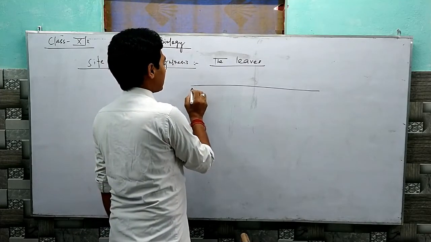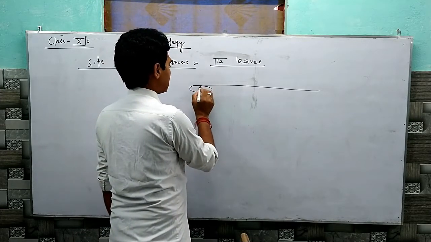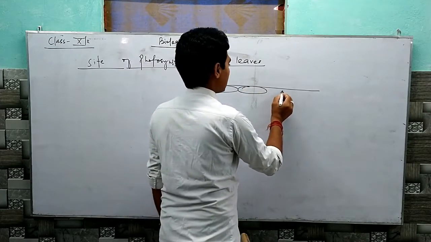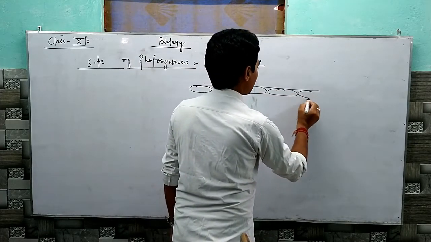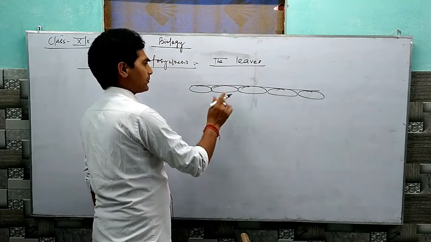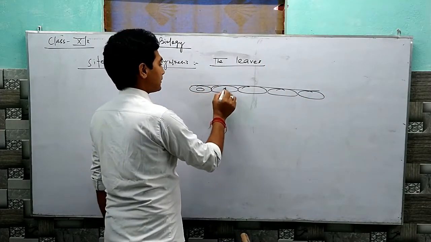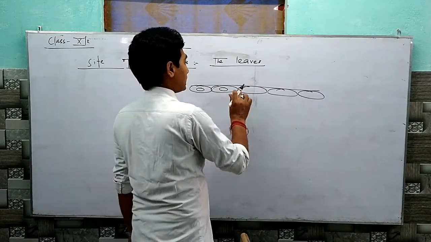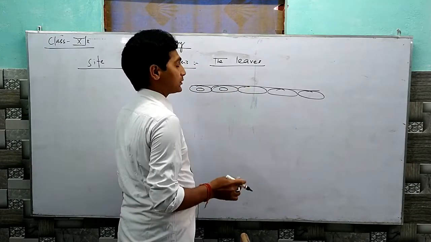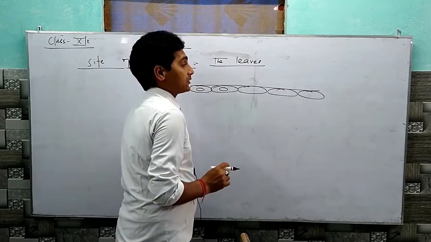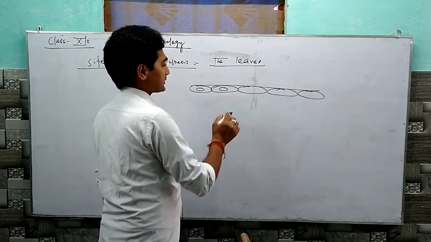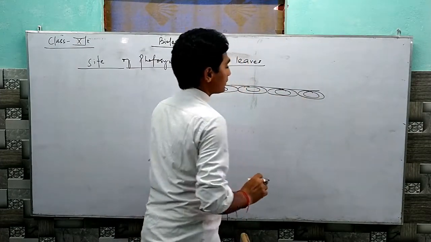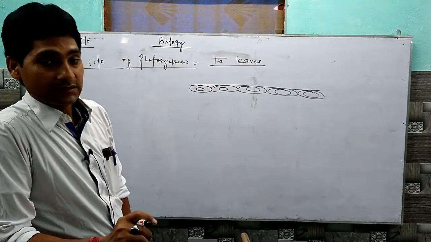So the cross section of a leaf has three different regions. First is the epidermis. This is the structure of the upper epidermis. The upper epidermis is the part of the leaf that is mainly transparent.